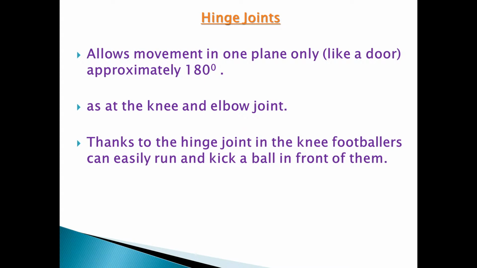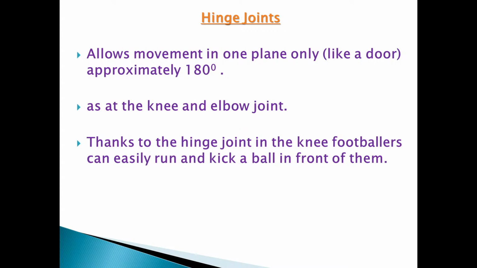Then we have what is called the hinge joints. So it allows movement in one plane only. It opens and closes just like a door, as in the knee and elbow joint.